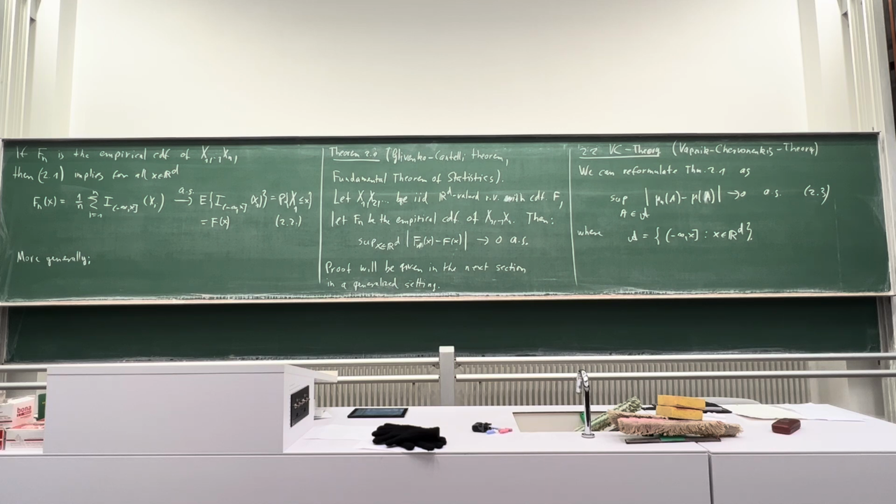And what we do in this section is, instead of proving 2.3 for this special set of subsets of R^d, we prove it in a more general way.